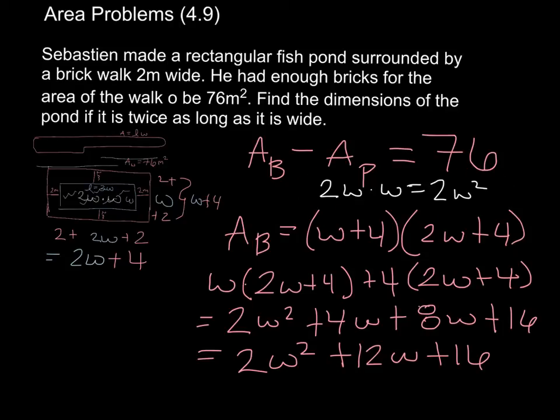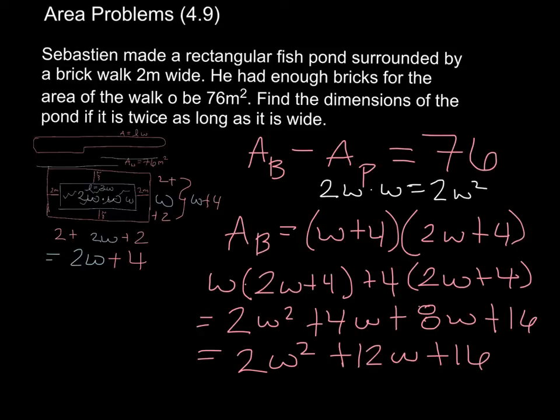So now I've got to take this big polynomial for the big outer rectangle. I'm going to subtract out the smaller polynomial right here, and that's going to give me a 76. So before I worry about solving this entire equation, I'm going to simplify each side.